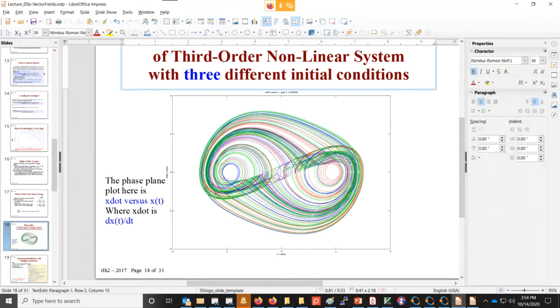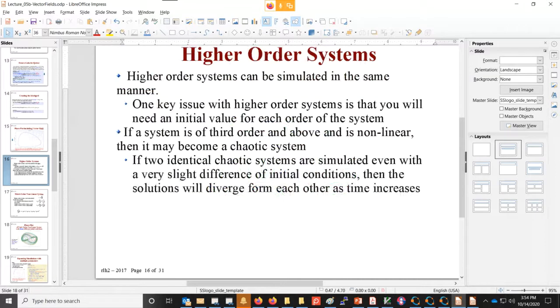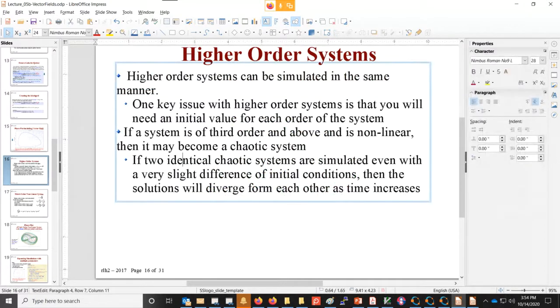All right. So for a system to go chaotic, what does that mean? Well, the system is deterministic, which means that we can determine how the system is going to behave.